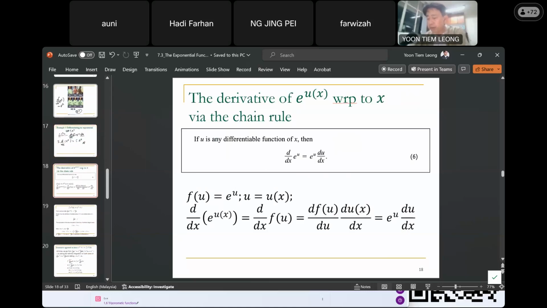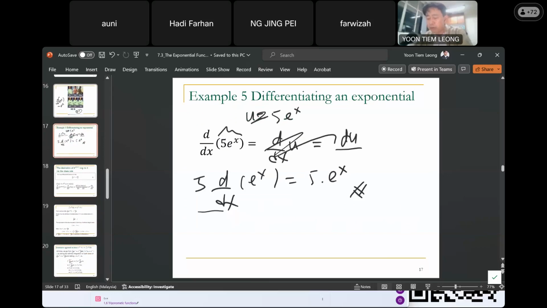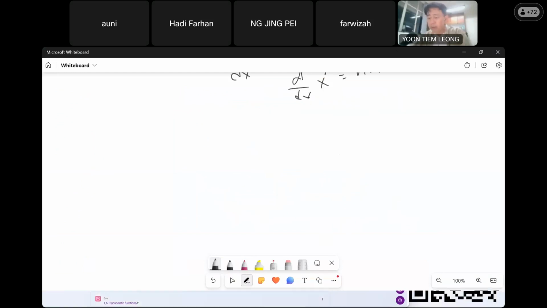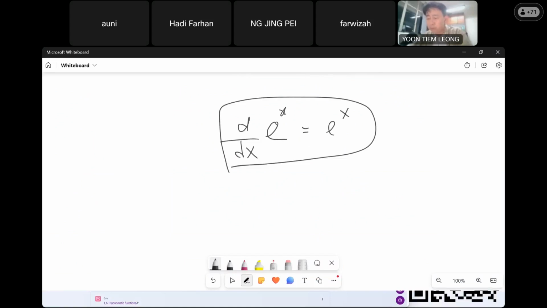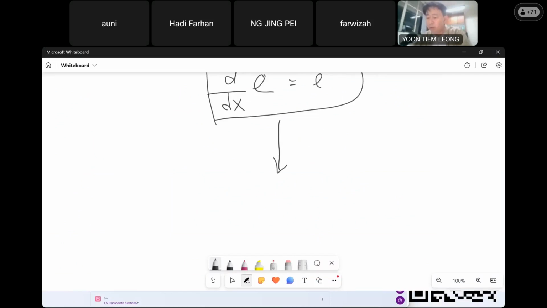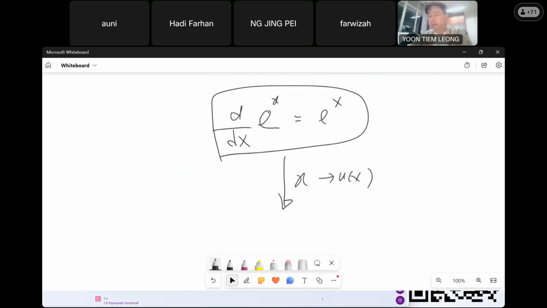Then the next thing we want to do is to generalize the result of the differentiation of the exponential function. Up to this point, e is raised to the power of a single variable x, and if you differentiate it with respect to x, you get e^x itself. When I say I generalize this, what I mean is that I promote x to become a function of x instead of just x itself.